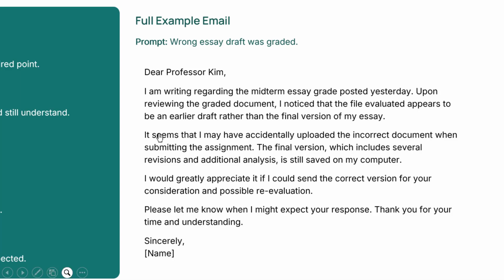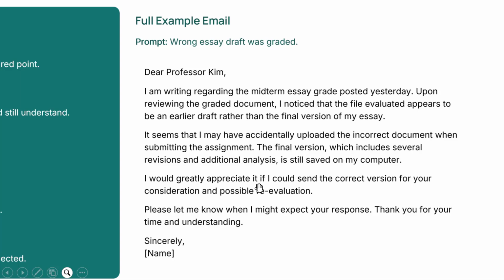Still, it needs a clear explanation. "It seems that I may have accidentally uploaded the incorrect document when submitting the assignment." The final version, what proof do I have? "The final version, which includes several revisions and additional analysis, is still saved on my computer."